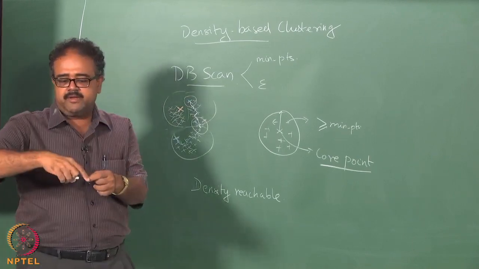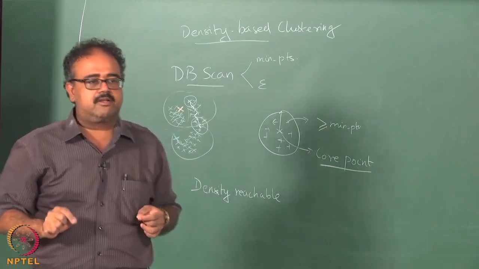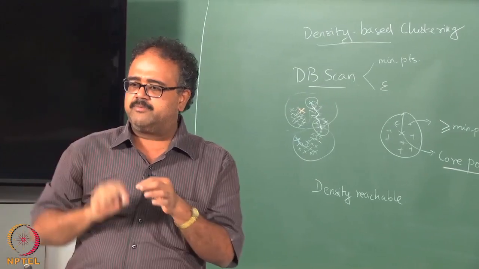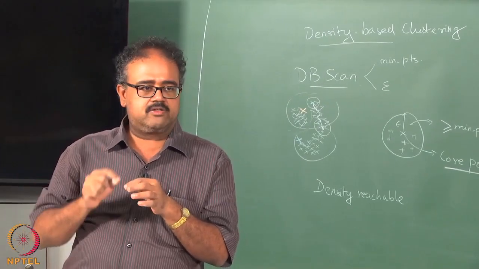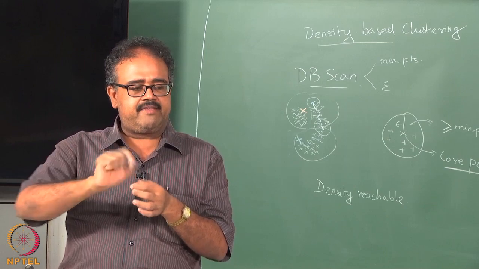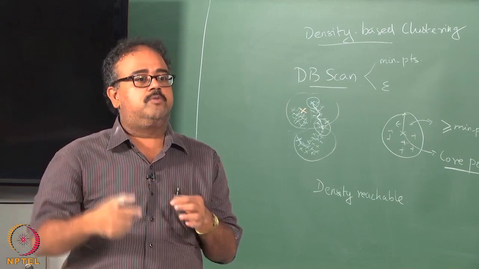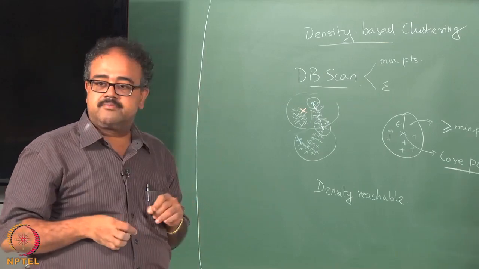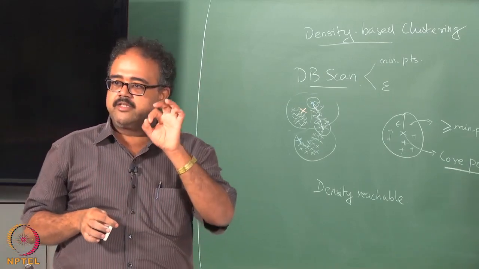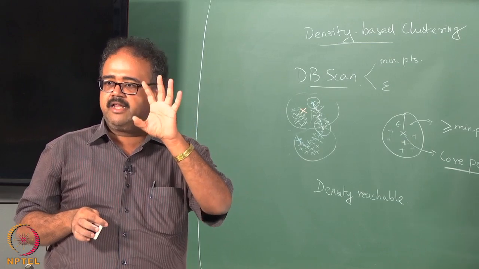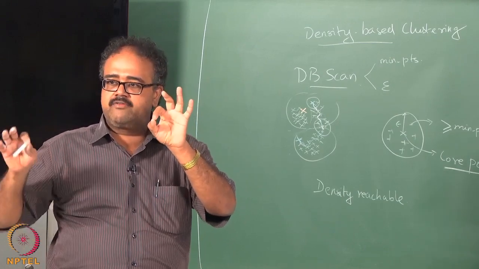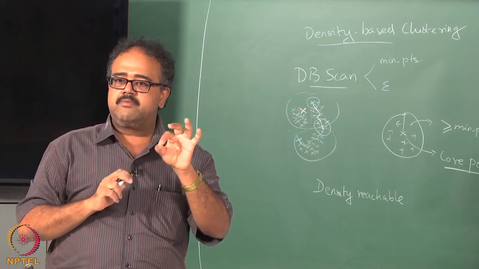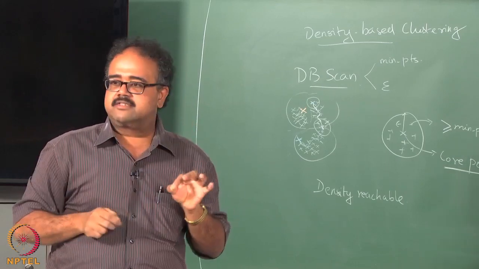At no point should I be making a jump greater than epsilon, because if I start at a core point I will have enough points in the neighborhood that I can jump to something within epsilon. So I make steps of size epsilon and I go through core points every time. Then we call them density reachable. So a point is density reachable if there exists a core point from which I can reach it by jumping only from core point to core point until the last step.